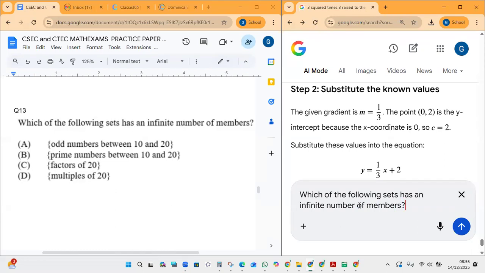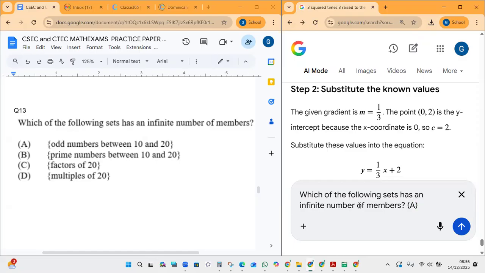So I have to show AI the sets, A, B, C, and D. It needs to know that because if not, it will not know what I'm asking. So I can't press enter yet. I just have to continue typing. I wonder will it know the set notation, multiple choice. So I'm going to type everything, I suppose.